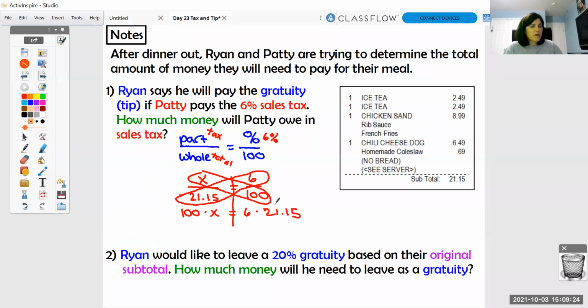And again, we're going to use our calculators. So 21.15 times 6 is going to give us 126.9. So 100x equals 126.9. And then in order to get x alone, we have to divide by 100.